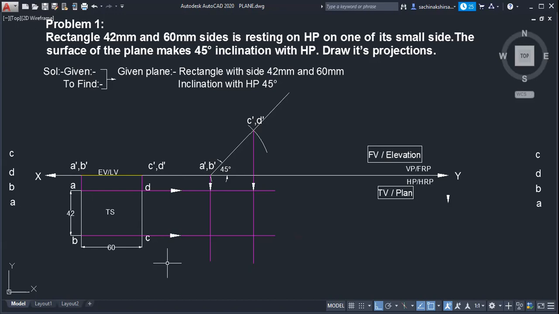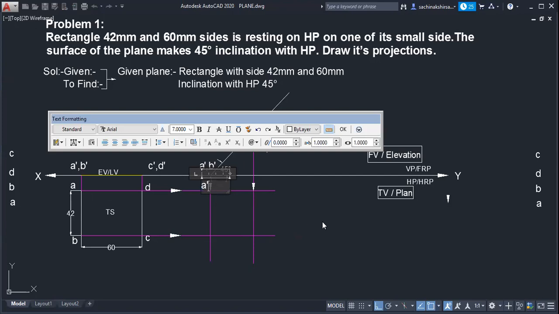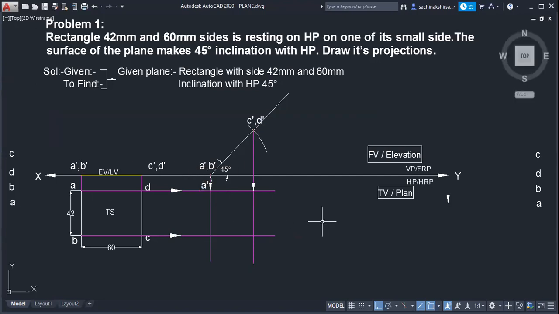Suppose I want to locate in this top view the point A dash. So where will it come? On the intersection of the vertical projector line and horizontal projector line of A dash. It will come here. Correct?